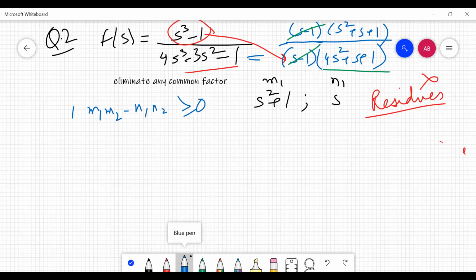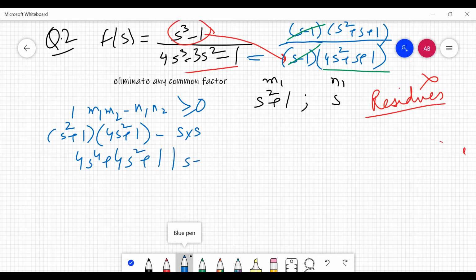Here the m1 value is s square plus 1, m2 is 4s square plus 1, n1 is s, and n2 is also s. Now we need to calculate its value. That comes out to be 4s to the fourth plus 4s square plus 1. Now I need to replace s with j omega. That is going to give me even powers again, and then 1.